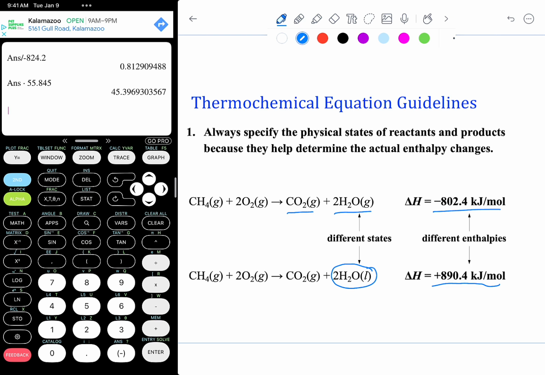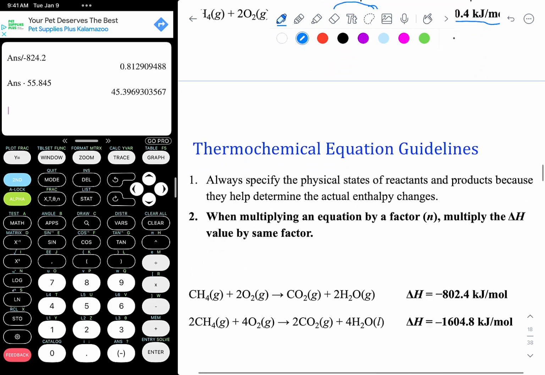So that's a big difference between those enthalpies. Okay, so we want to make sure that we are denoting our physical states properly, so we account for them properly in their enthalpy changes. So always show your states: solid, liquid, gas, aqueous, etc.